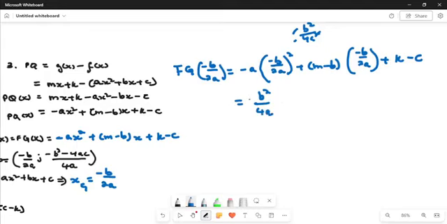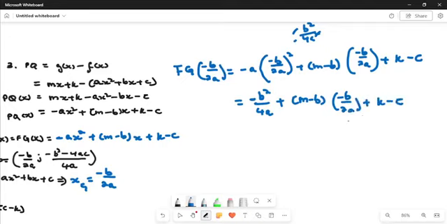Okay, I still have a negative, right? Let's see. Yeah, because the a's will cancel, I'll have positive b squared divided by 4a squared. I'll still have a negative a there. And then plus, should I multiply this? Okay, let's just keep it that way for now, because this is going to be too complex, and just keep it as multiplied by negative b divided by 2a, then plus k minus c.